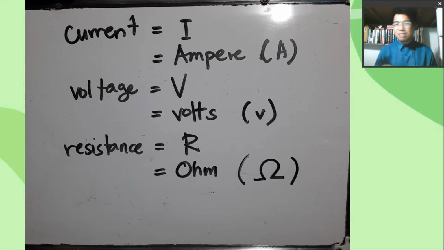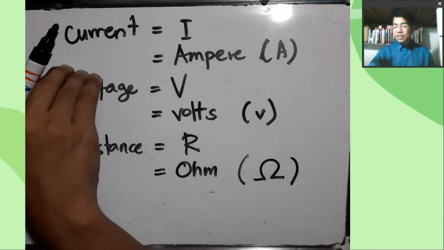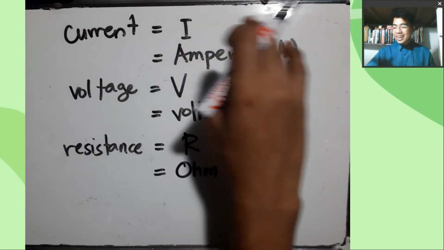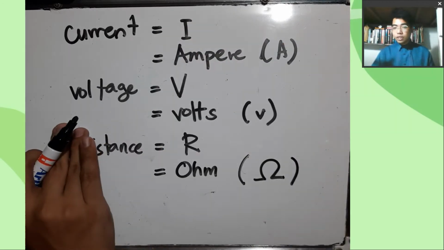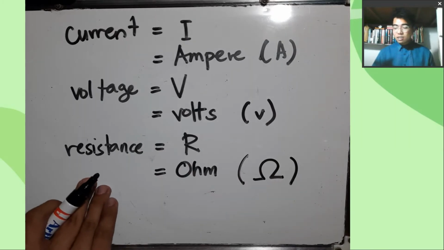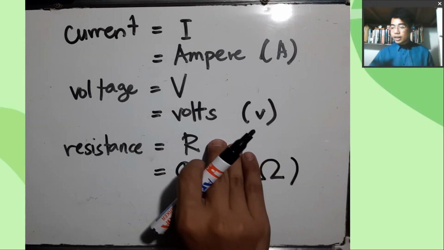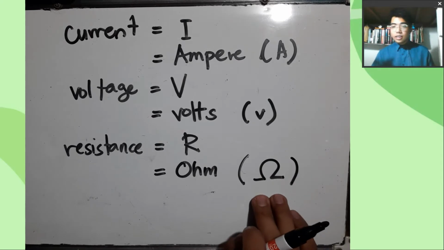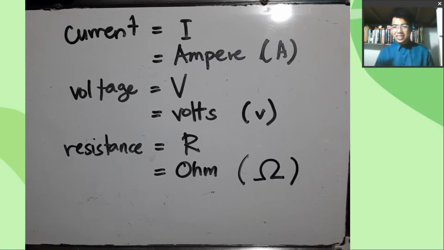Remember, in Ohm's Law, we consider the relationship between current, voltage, and resistance. Current is represented by capital letter I with the unit ampere, voltage by capital letter V with the unit volt, and resistance by capital letter R with the ohm as its unit.